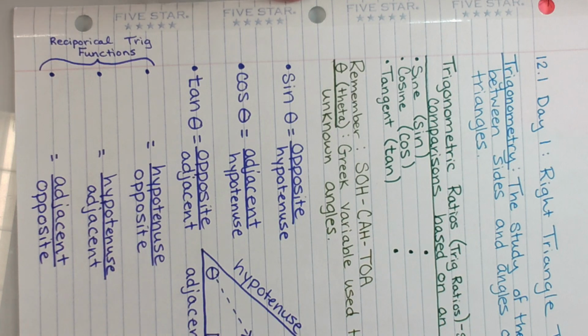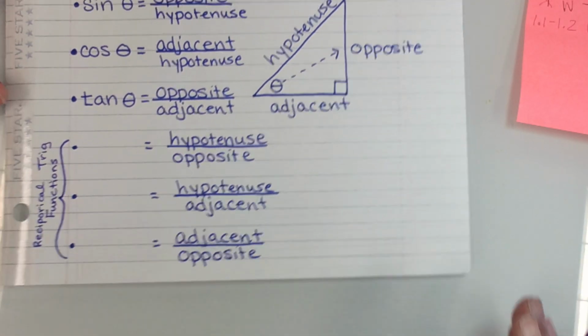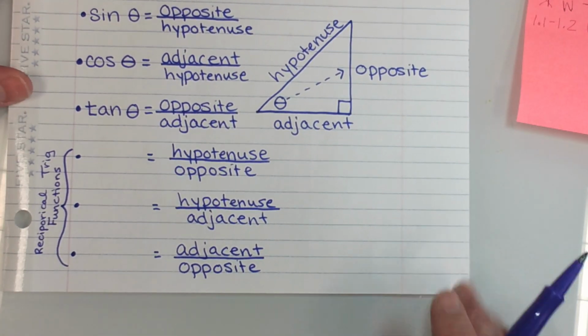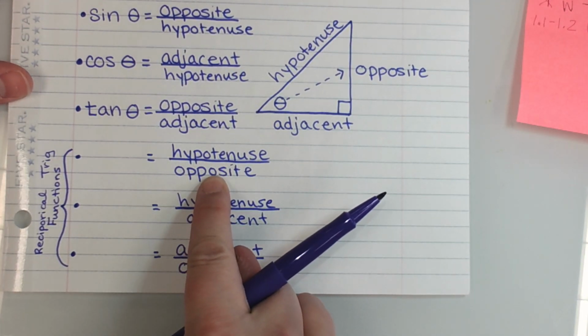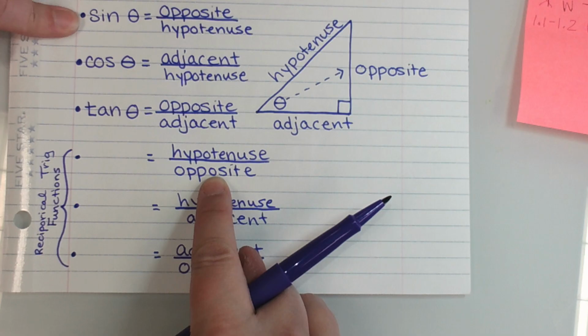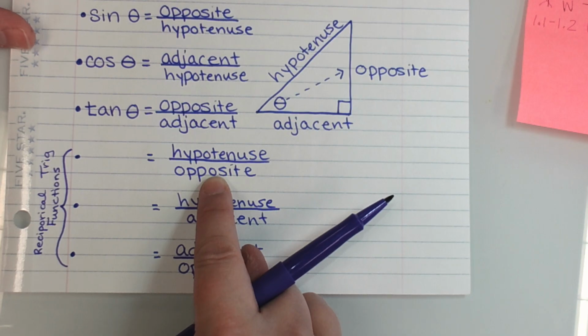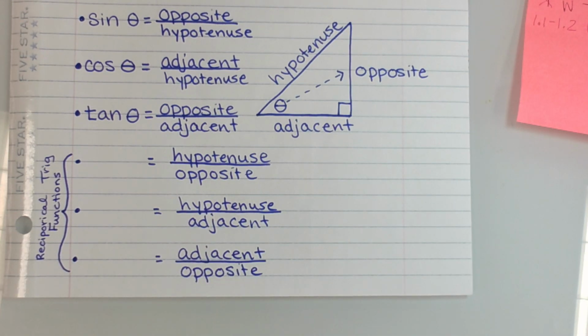Now when it comes to these reciprocal trig functions, hypotenuse over opposite is the reciprocal of which one? It's the reciprocal of sine. How do you write something's reciprocal? What's the reciprocal of 2? 1/2. What's the reciprocal of 5? 1/5.